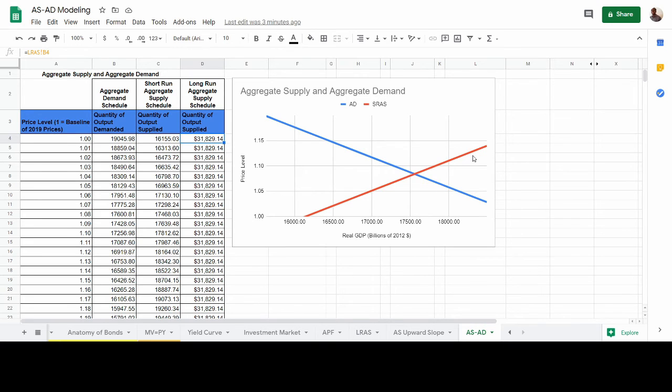Because potential output has increased, because the natural level of employment is now higher, the gap between where the economy is and where the economy could be has grown.